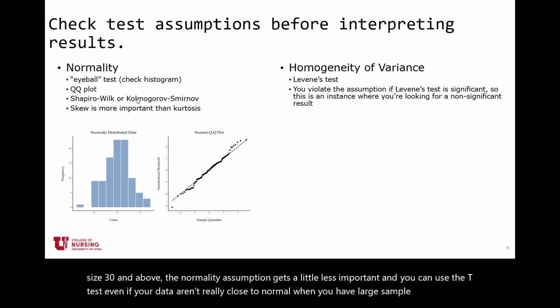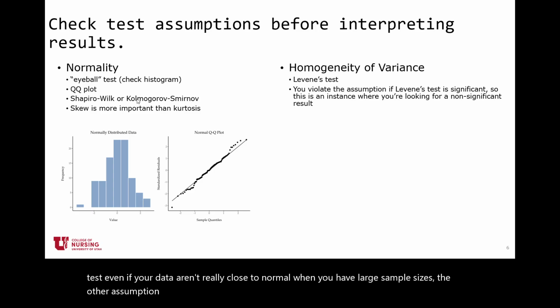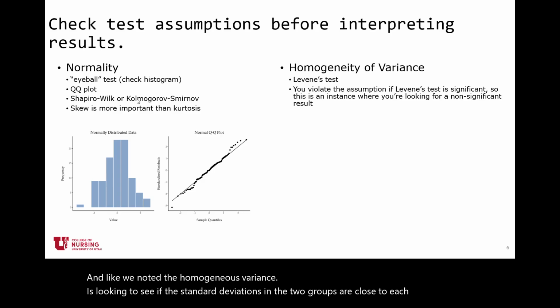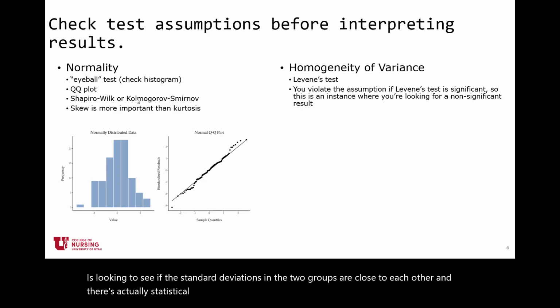The other assumption that you check is called homogeneity of variance. And like we noted, homogeneity of variance is looking to see if the standard deviations in the two groups are close to each other. And there's actually a statistical test that you run called Levene's test.